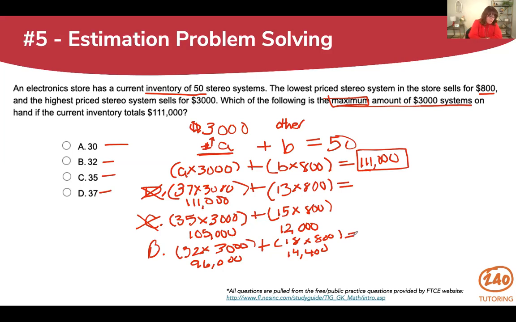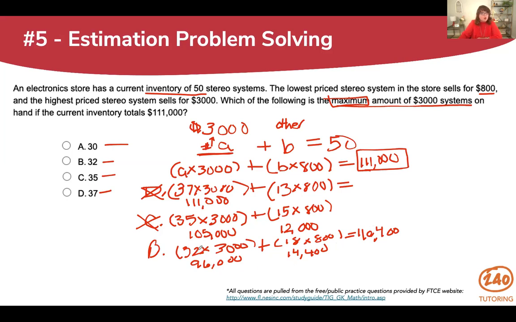I'm going to add those up, just using my calculator here because it's right here and it's handy. And I get 110,400. So that is the maximum amount we could have here. Now you're probably thinking, but it doesn't equal 111,000.